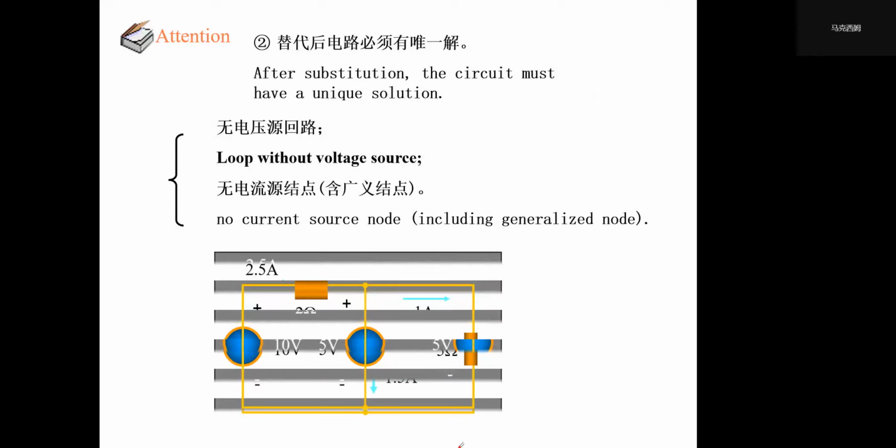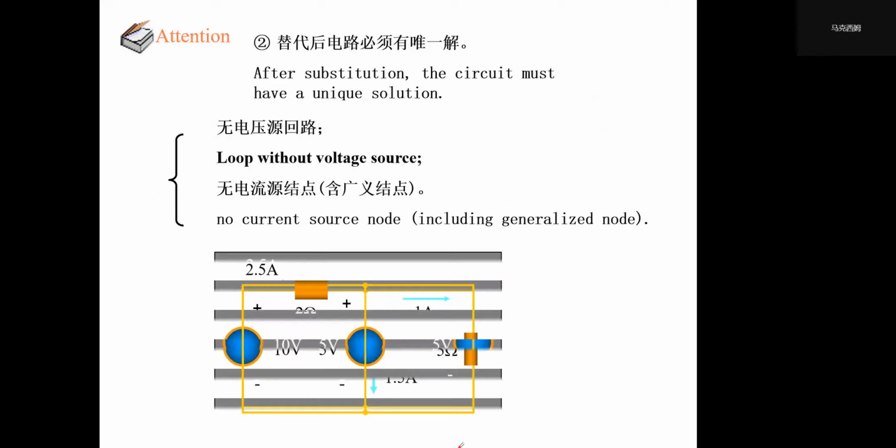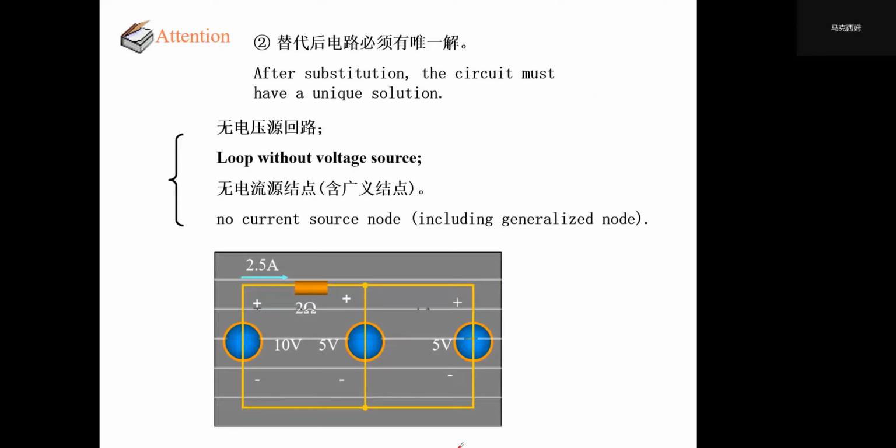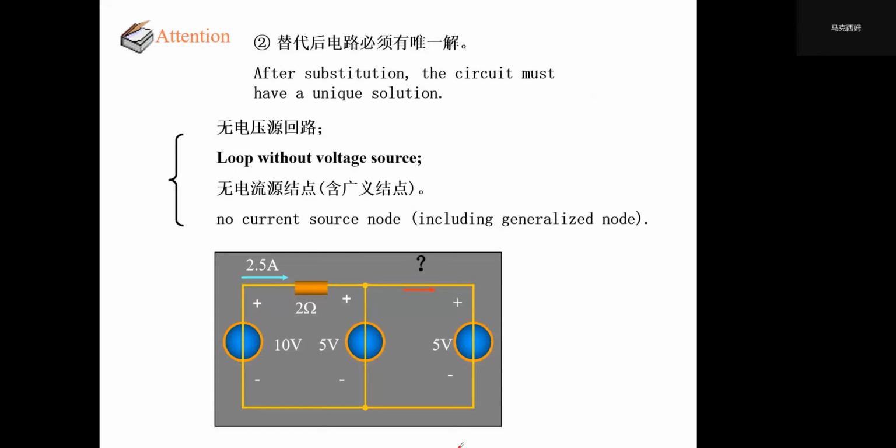Now the question is, will this behave just like the original one? That is the question, right?